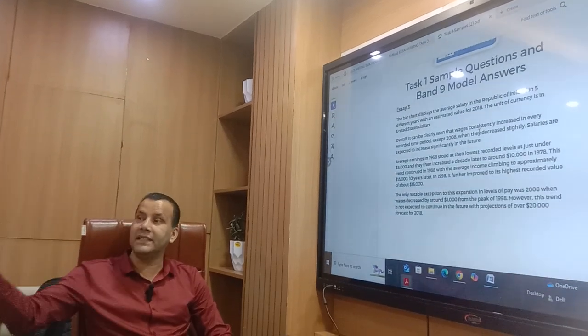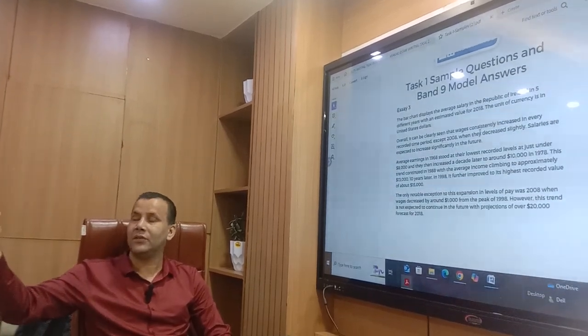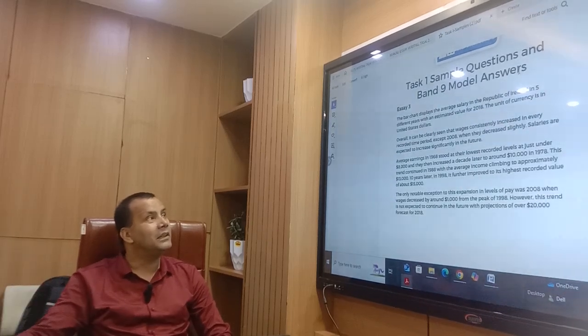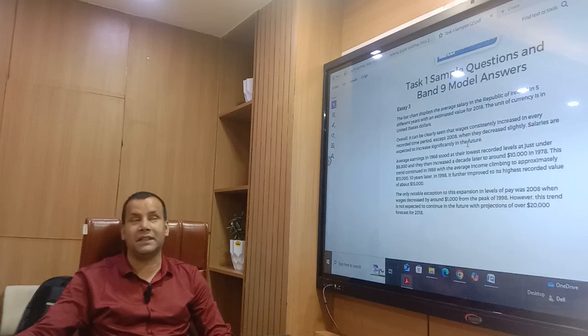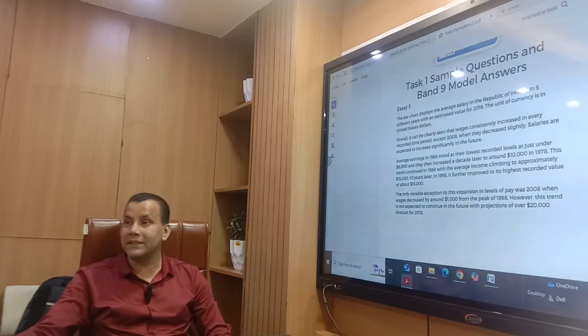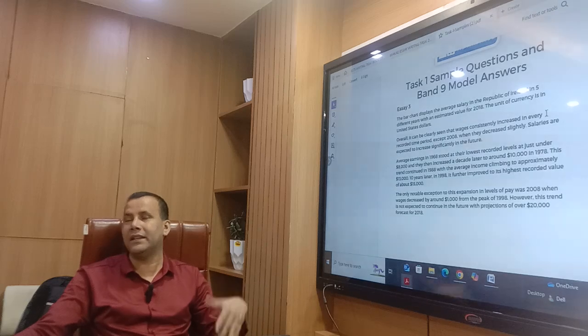Wages increase from 1968 to 1988, but it did not increase in 2008. When they decrease slightly, have I mentioned the data? No. I have simply said what increase and what decrease.